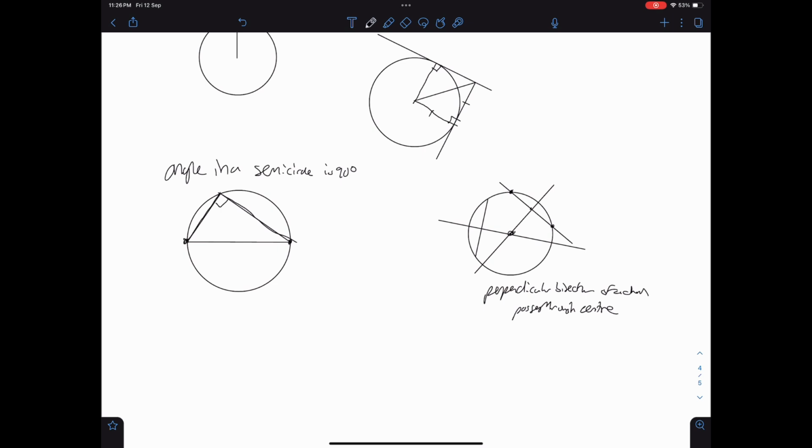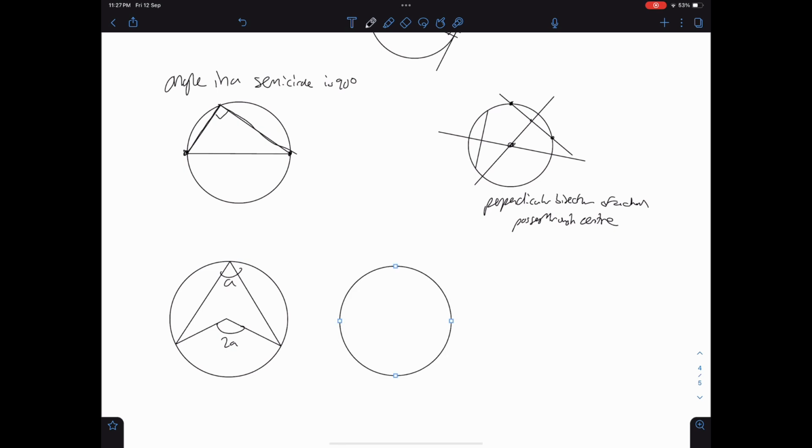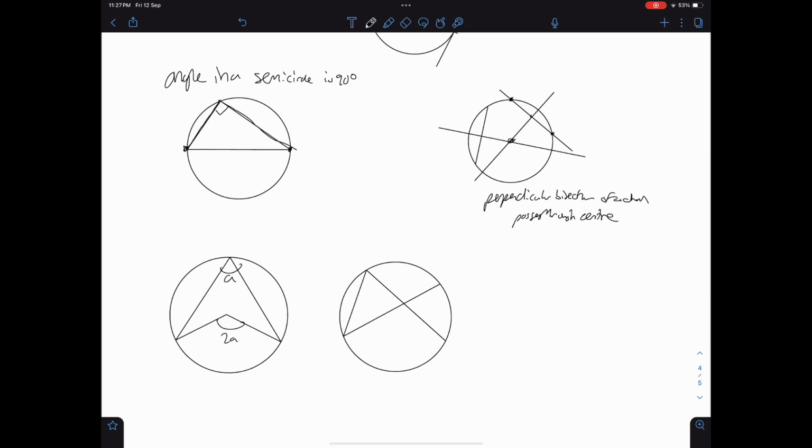And this is probably an important reminder that you are obviously expected to know all your angle rules from IGCSE. So things like this: if that's the angle at the centre, and that's A, then that'll be double. The butterfly wings, these are equal.